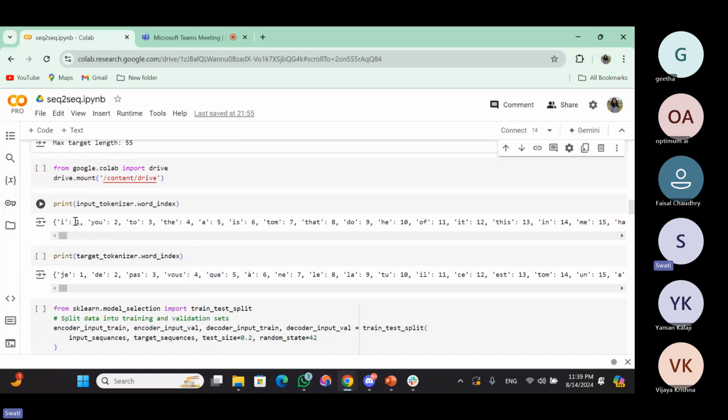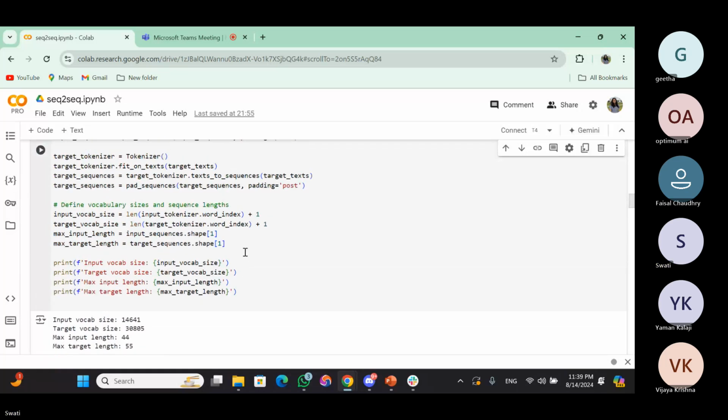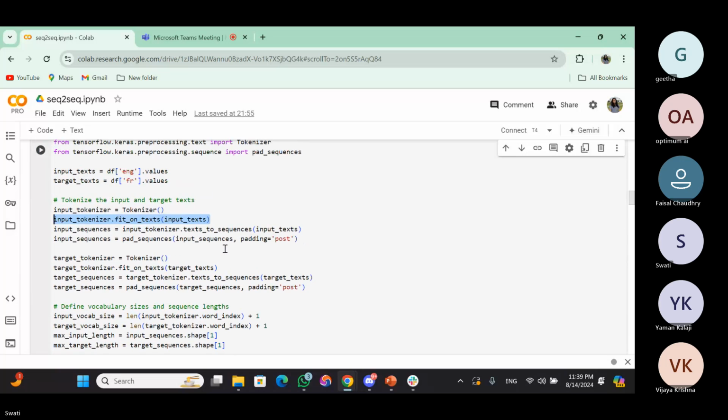Suppose I is given 1, U is given 2, and so on. Next, we apply some padding so that all our input words have similar length. It shouldn't be that one element of the input vocab is longer than the other, so we apply padding here.